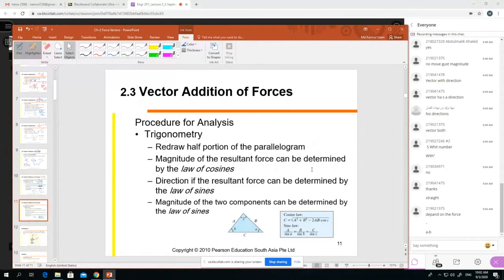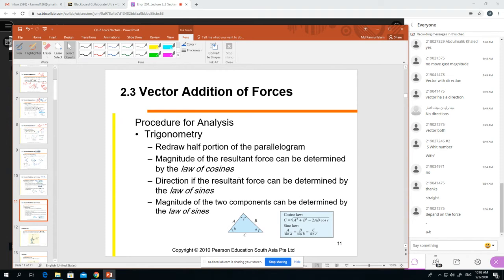Simple thing. Now the trigonometry laws. Here it is already written: proceed with analysis, redraw the portion of the parallelogram. The magnitude of the resultant force can be determined by the law of parallelogram.